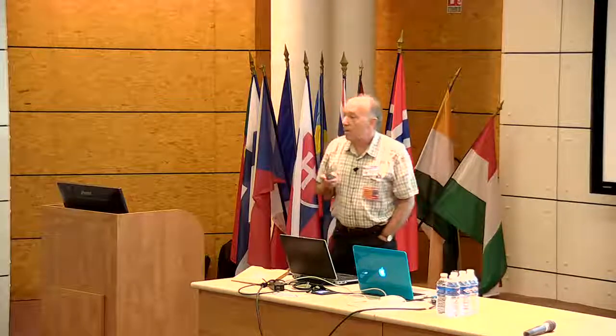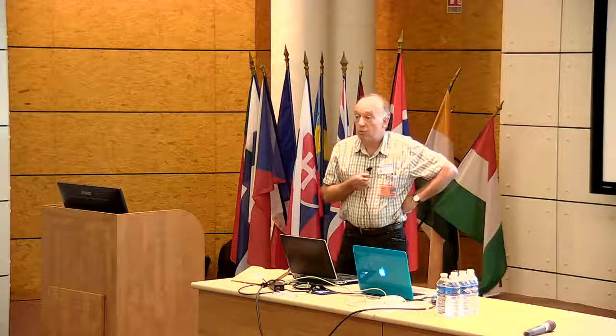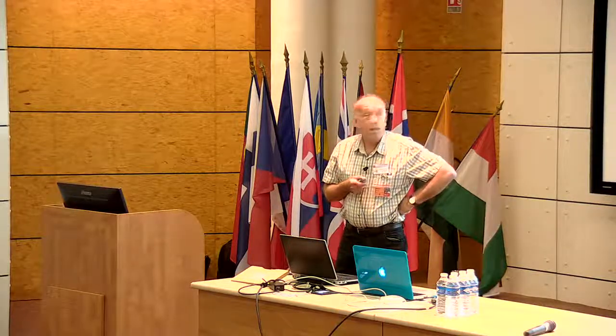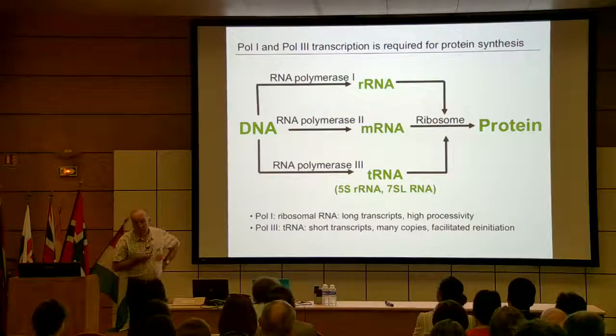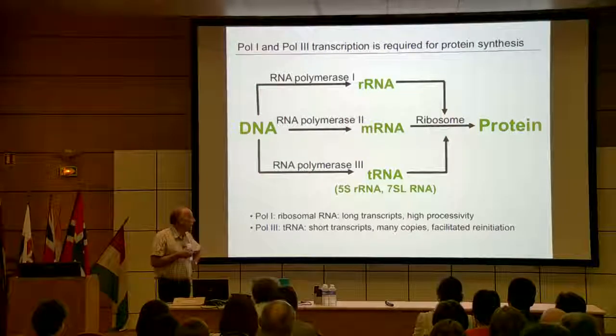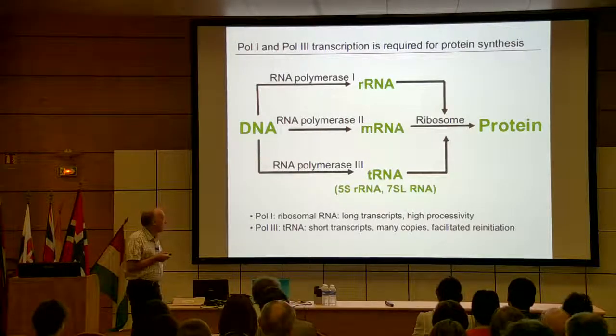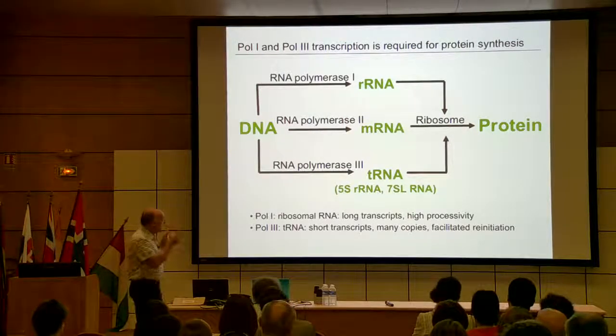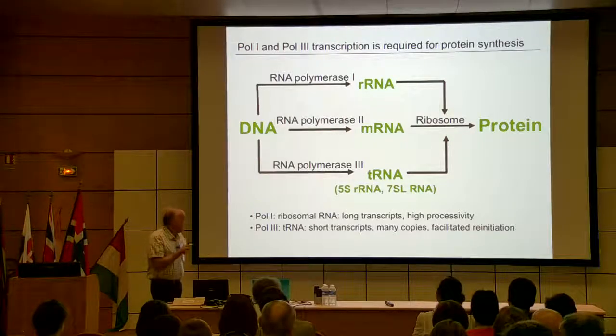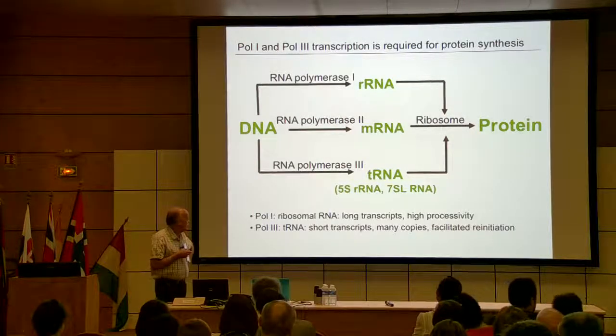RNA polymerase 1 makes these long transcripts, ribosomal RNA, which then are built into the ribosome. And RNA polymerase 3 makes short transcripts, for example, tRNA, but also 5S RNA and 7SL RNA, which are then required for protein synthesis.